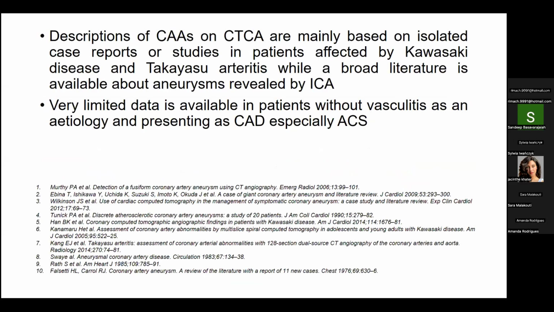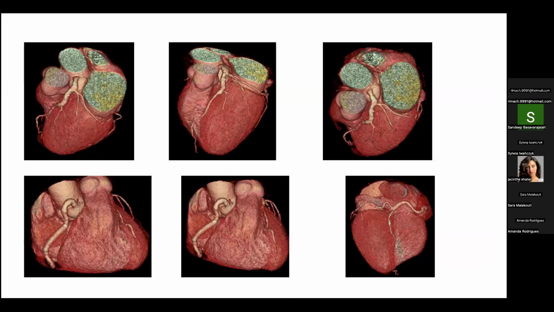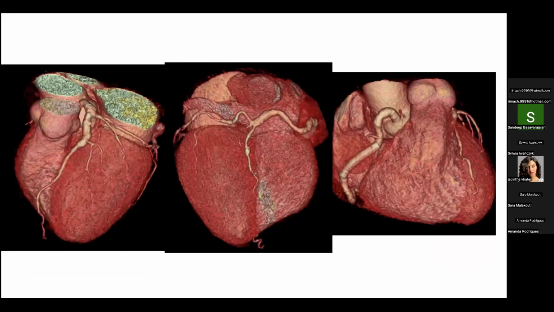Okay, and very shortly, we are doing this type of analysis of our patients in collaboration with CORRIB in Galway, Professor Sears. So they can do this type of analysis with the tissue, with characterization in dilated segments. So I think it will be a very interesting analysis.